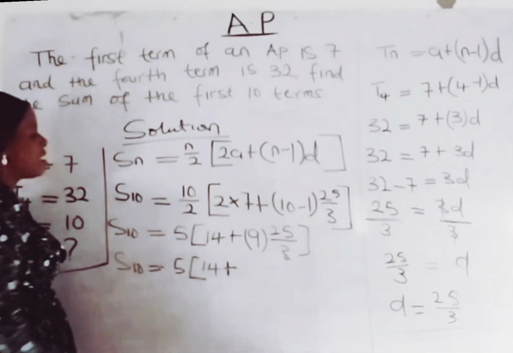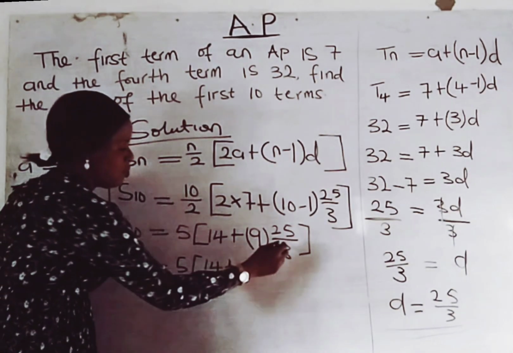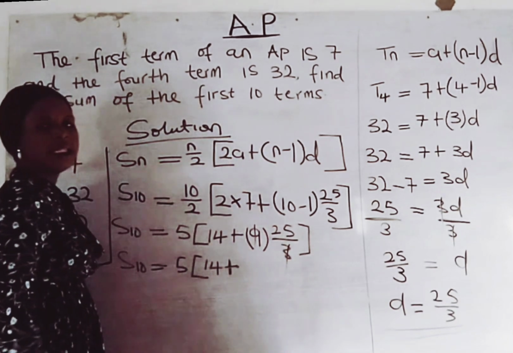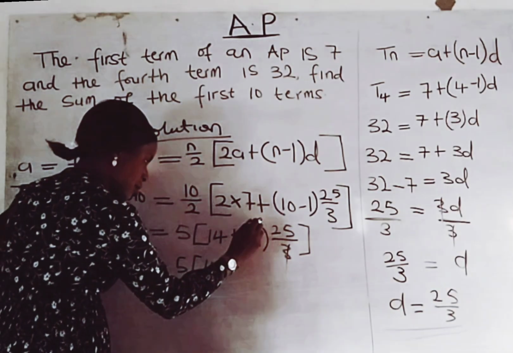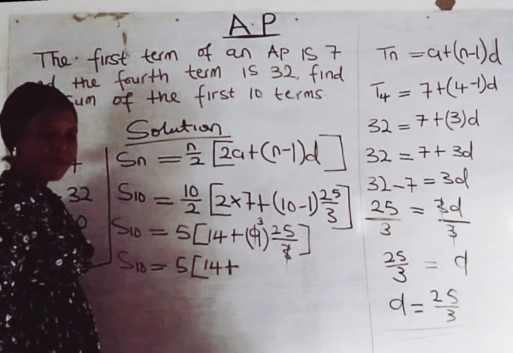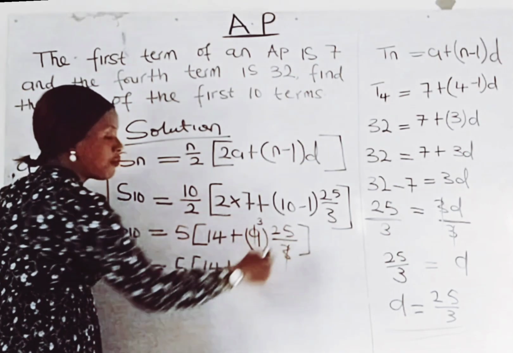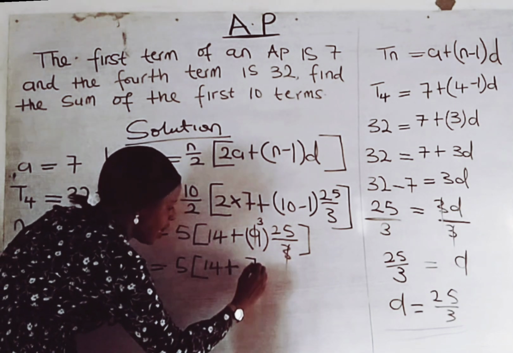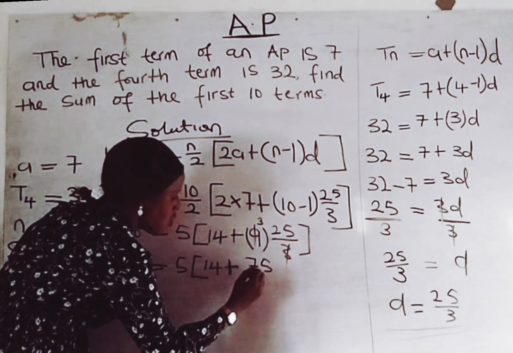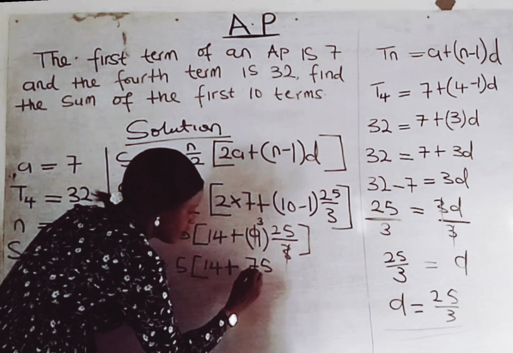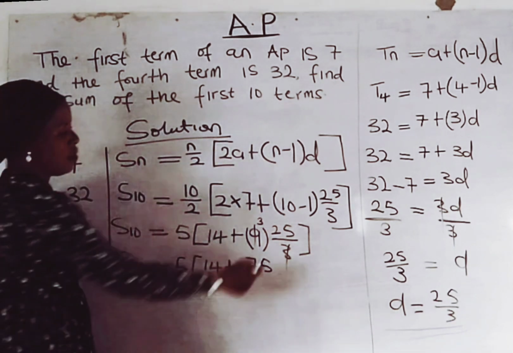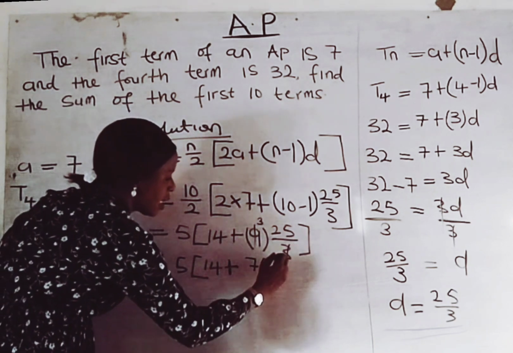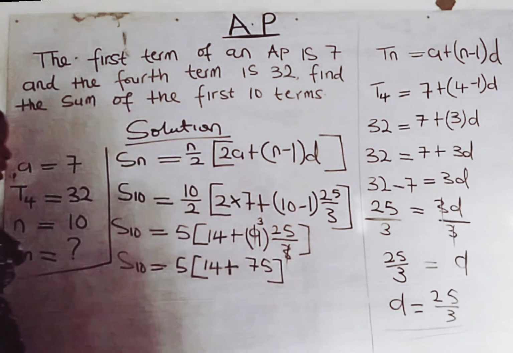I simply reduce the numbers so that it is easier. 3 cancels itself, 1, and 3 cancels 9, leaving 3. Now 3 times 25 gives us 75. Nothing is left under it because we have cancelled the 3, so only 75. Close the bracket.